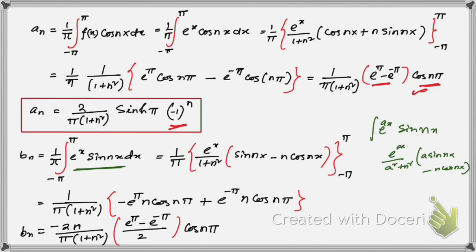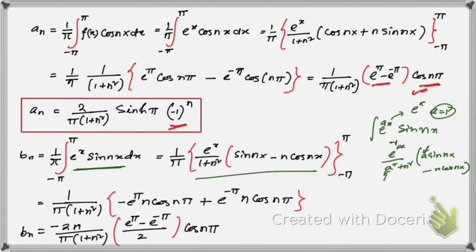So here the value of a, if you compare e to the power ax with e to the power x, then you will get a equal to 1, and replacing this a by 1, we have got this result, right?